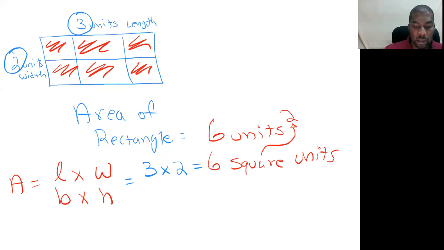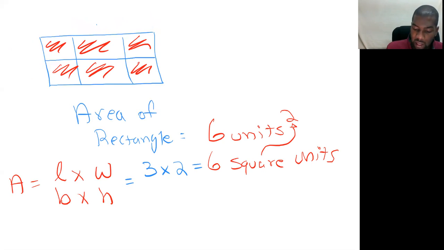6 square units. Now, if we were doing base times height, we might also say, well, look, what is the base length of this object? This rectangle has a base down here of 1, 2, 3. And it has a height up here of 1, 2.